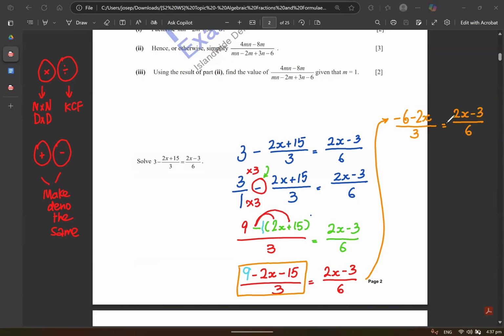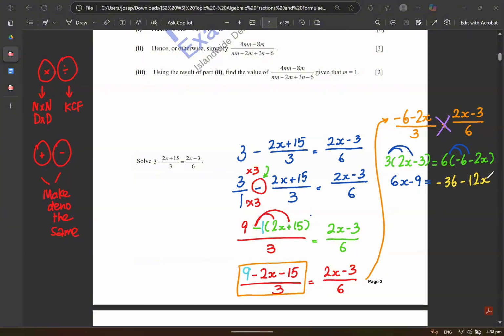Main job is to cross multiply. When you're done with this, it'll be 3 bracket 2x minus 3. Very good. Then you're going to multiply, and the bracket, this becomes 6x minus 9 equals -36 minus 12x.